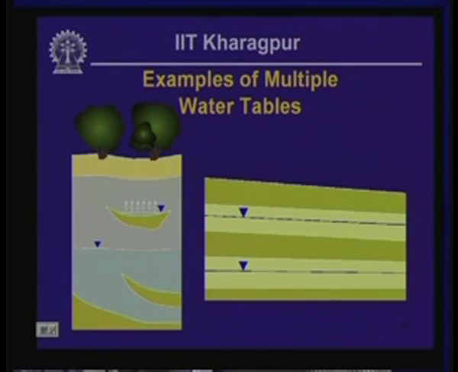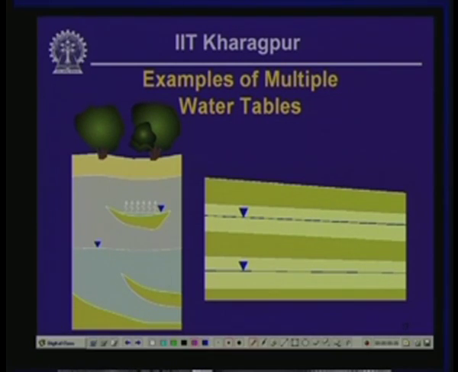Okay, to illustrate what I meant, I have got two cartoons here. On the left, you can see that there are impervious layers, indicated by a greenish shade. So these are impervious layers.